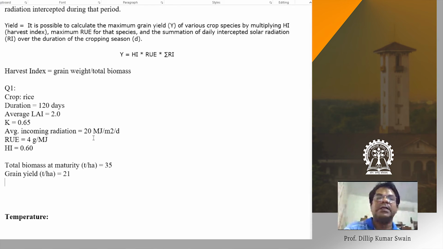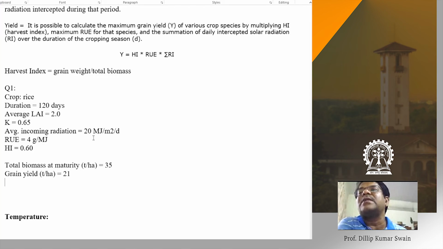When you receive radiation from the sun, almost 50% is photosynthetically active radiation, and the rest 50% is near infrared. Near infrared is not intercepted by the crop. So that's why you take the 50%, because plant does not receive radiations beyond photosynthetically active radiations, that means beyond 0.4 to 0.7 micrometer.